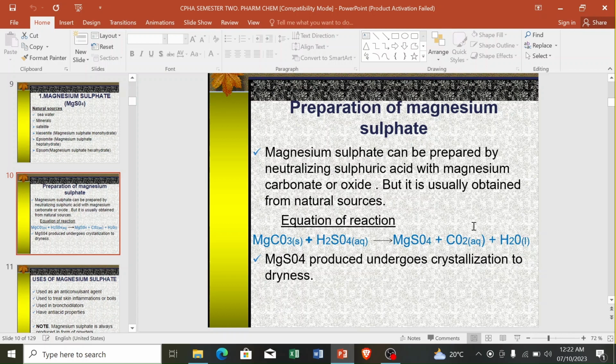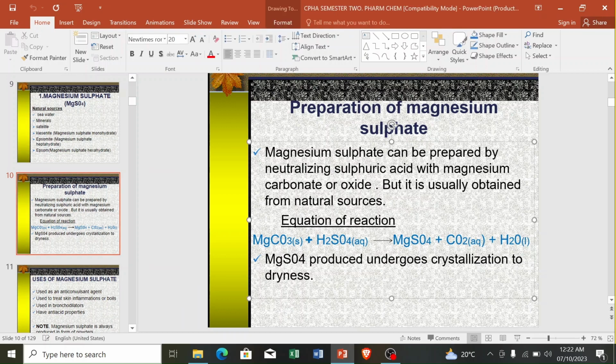You find that this carbon dioxide is evolved as a gas, and then we have our water as a liquid. So what will remain in solution is magnesium sulfate and water.